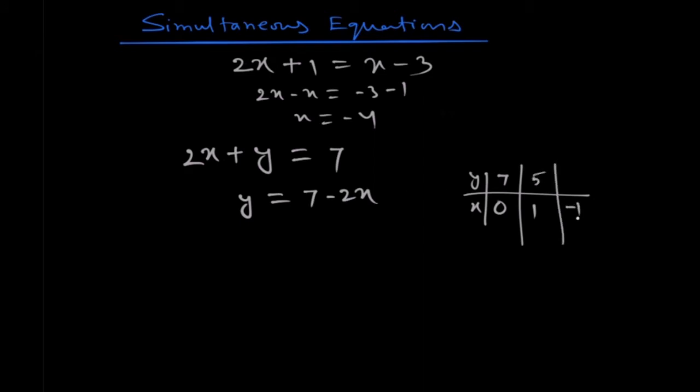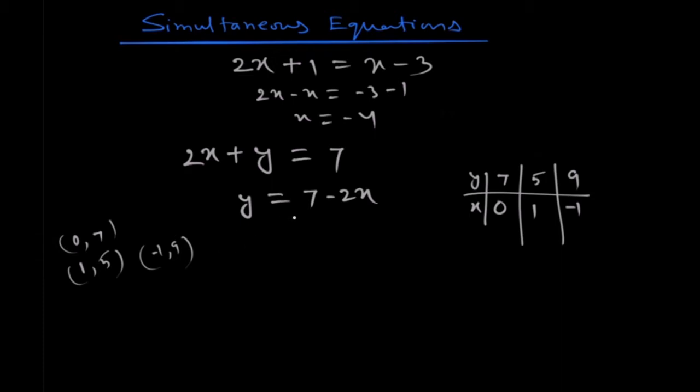If x is minus 1, then it is 7 plus 2, that is 9. So for any x we are getting a y, and you can say that x 0 y 7, x 1 y 5, x minus 1 y 9. These values satisfy the equation, and you can say these are the solutions.